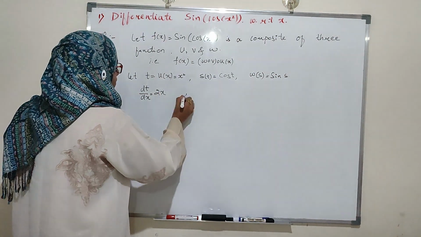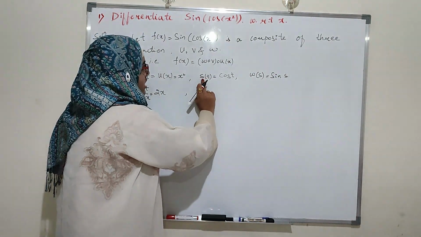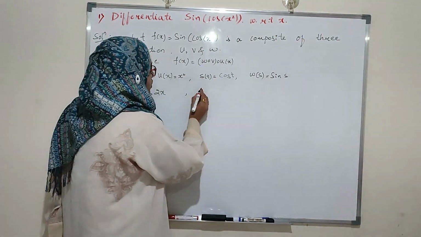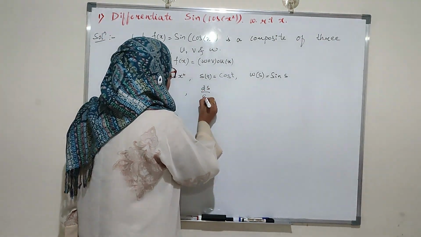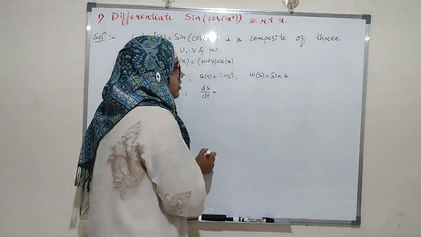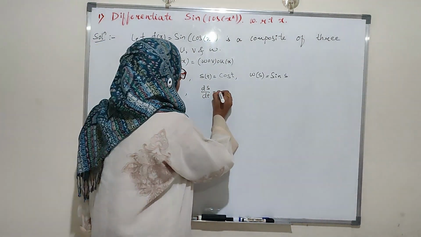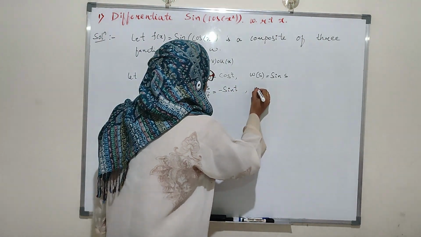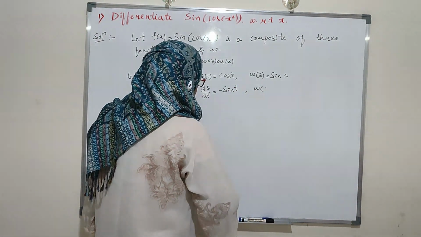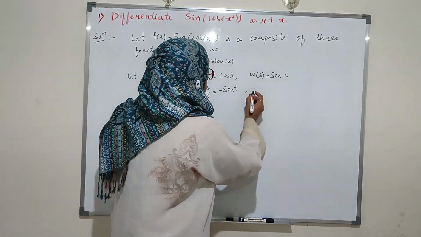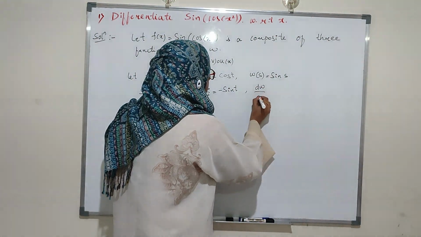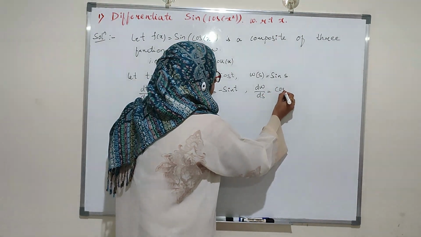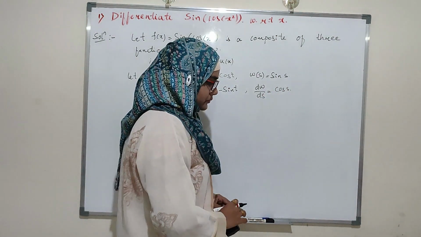Now s is a function of t, that's why differentiating s with respect to t, ds by dt equals minus sin t, since cos differentiation is minus sin. Lastly, w is a function of s, that's why differentiating w with respect to s, we get cos s, since sine s differentiation is cos s.